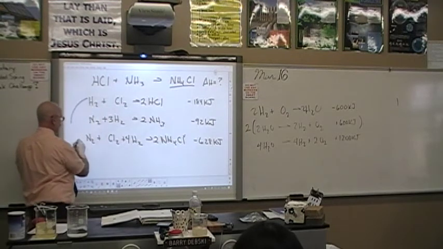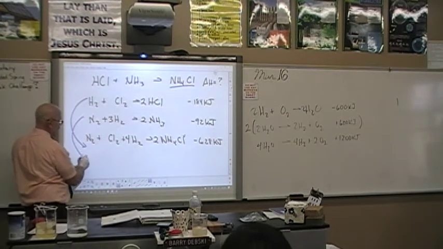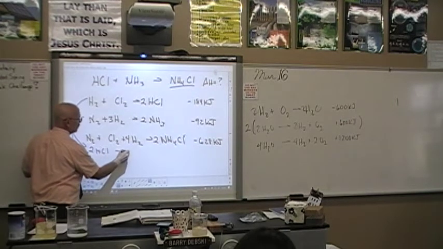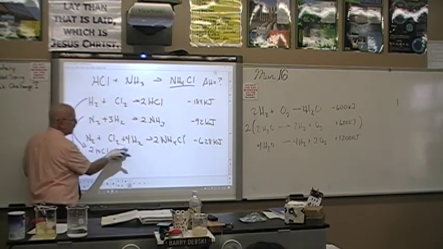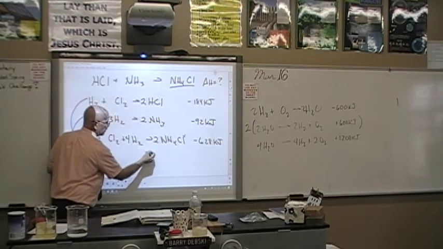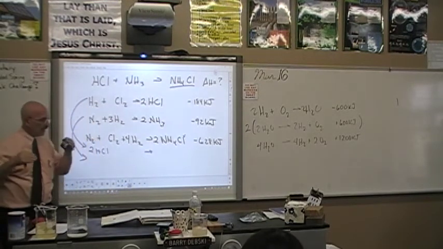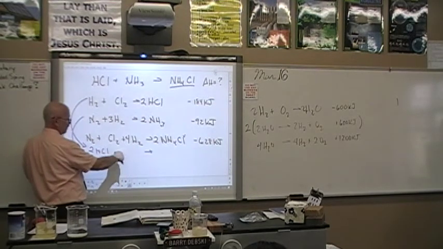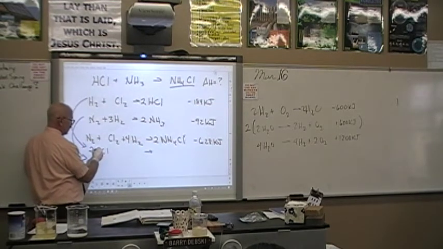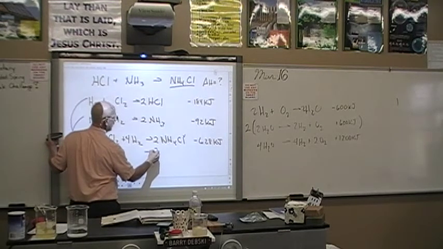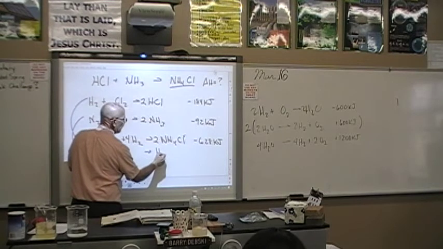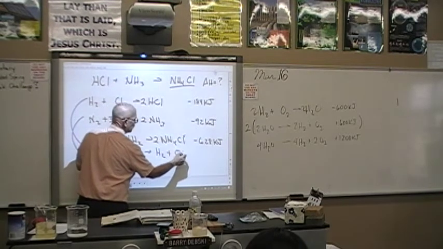So we're going to rewrite these backwards. I got 2HCl produces, and a trick of the trade here, guys: if you line up your arrows, it's a little bit easier to see what's going to cancel out. I like to keep my arrows lined up, so that's why there's a gap here. 2HCl decomposes to form 2H2 plus 2Cl2.